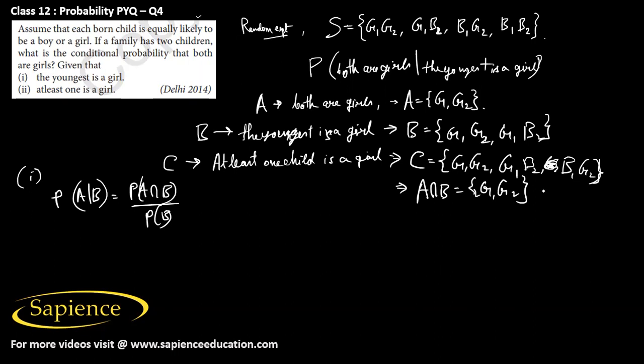So P of A intersection B is the number of elements in A intersection B divided by the number of elements in the sample space, divided by P of B, which is the number of elements in the event B divided by the number of elements in the sample space. So these two would cancel. Then the number of elements in A intersection B is 1, so it will be 1 by 4.